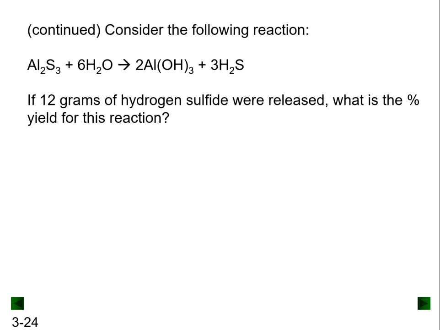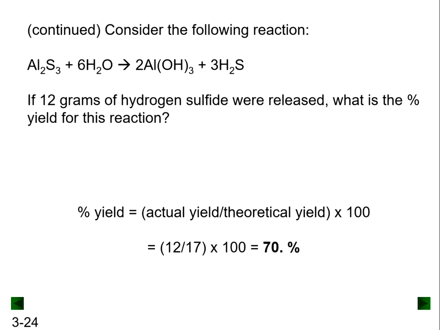Looking at this, we go back to our definition of percent yield. It's going to be actual yield divided by theoretical yield times 100. We pop our numbers in. Actual yield is 12 grams. Theoretical yield was 17. We multiply by 100, and we have actual over theoretical equal to 70%.